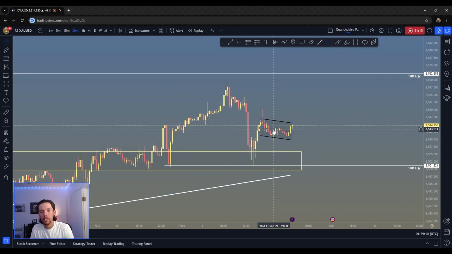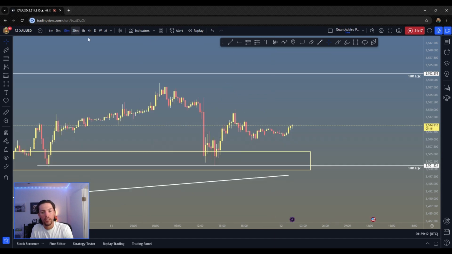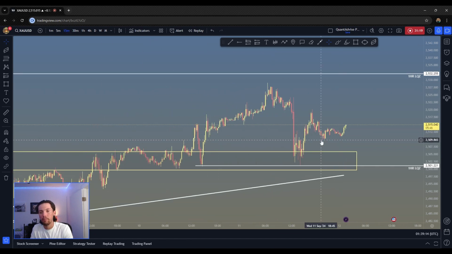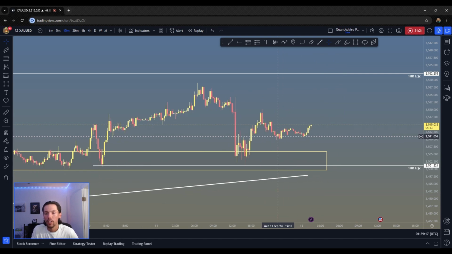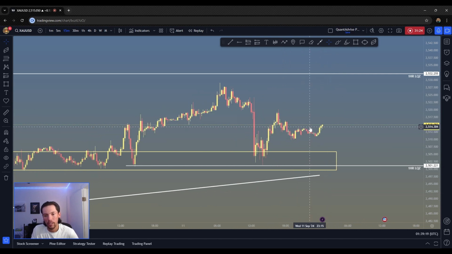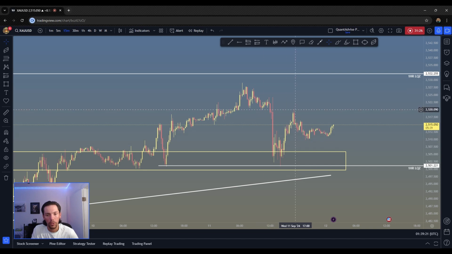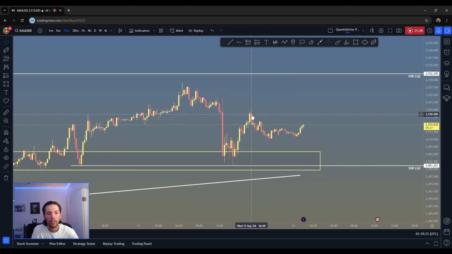So 30-minute looks good. I bet we can see this pattern. Not really seeing anything super clear. So just the stuff that I mentioned to you.